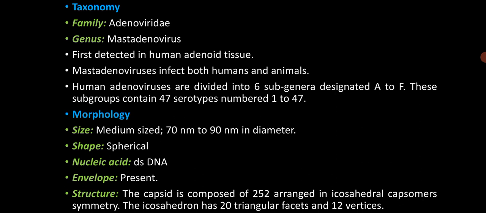The capsid is composed of 252 icosahedral capsomeres. The capsomeres are the protein subunits of the capsid. The icosahedron has 20 triangular facets and 12 vertices.